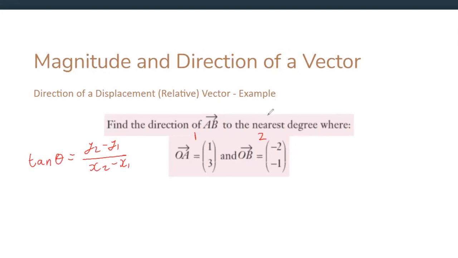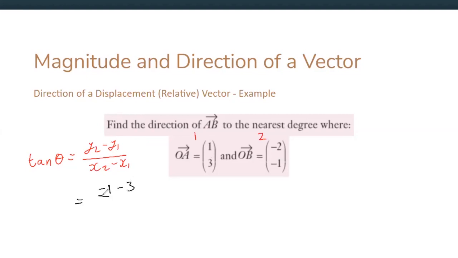And so from here, what we're going to get is that tan theta is equal to -2 minus 1. Sorry, I did that the wrong way around. It's important to note, pay attention to which one's your x's and which one's your y's. We're starting with y's first, so y2 is the y coordinate of our second point, which is -1, and then the y coordinate of our first point, which is 3.